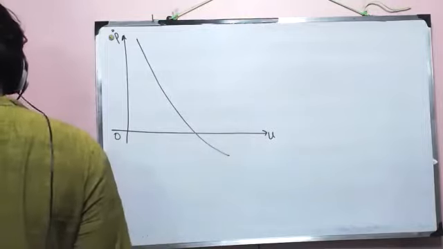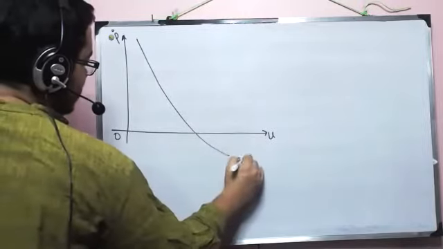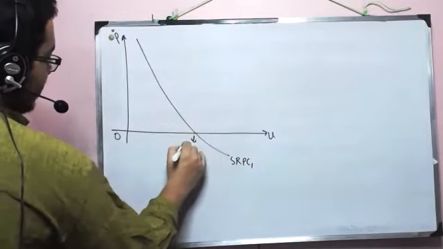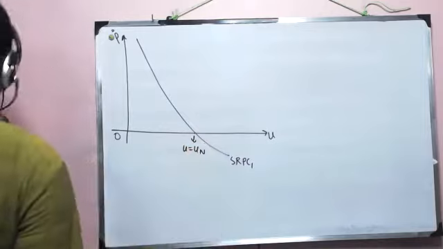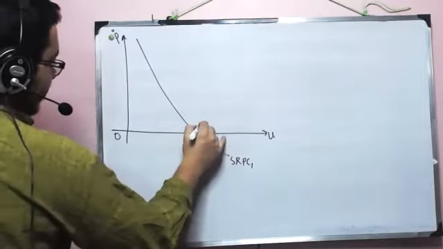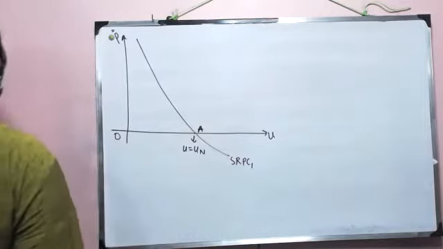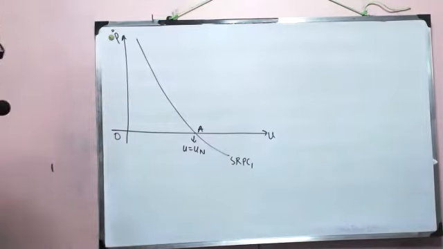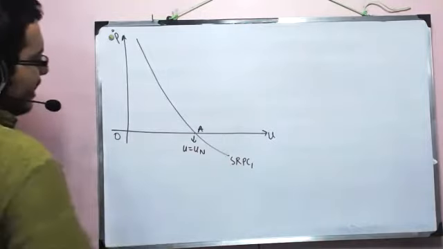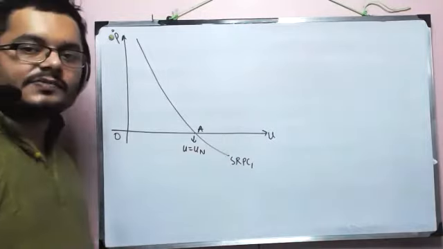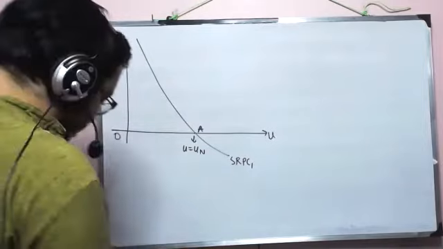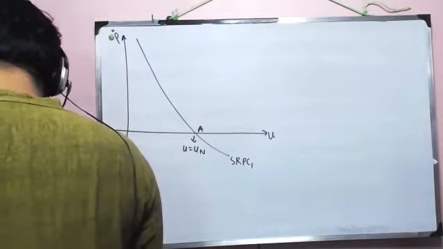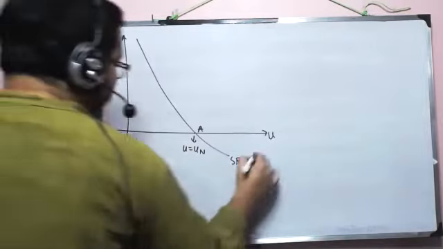So suppose this is SRPC1, and obviously this point is U equal to UN, and as we started, the economy was at A at this point, and the government is actually trying to reduce it. Now I said that when I'm drawing an SRPC, I need to fix an expected price level. So that is needed, right? So the expected price level that we considered is basically P naught E.